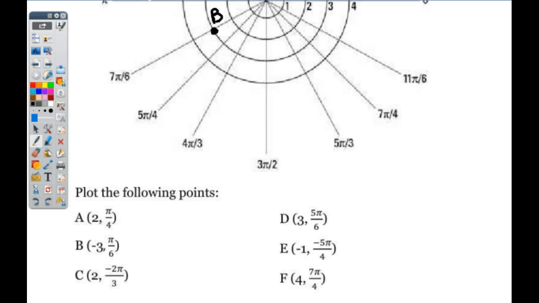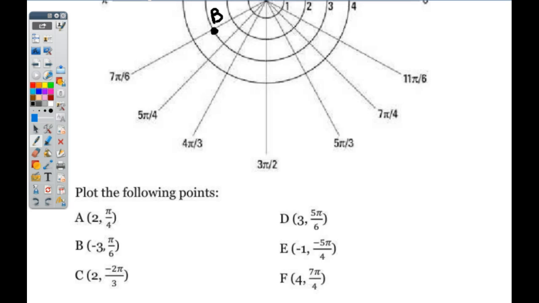So, negative 2 pi over 3. How many degrees is that, friends? Pi over 3 is how many degrees? 60 times 2.